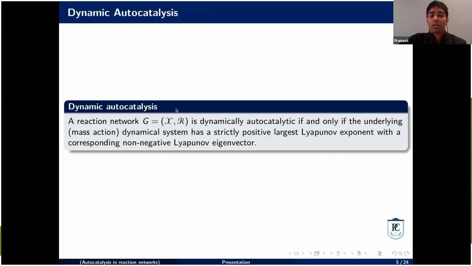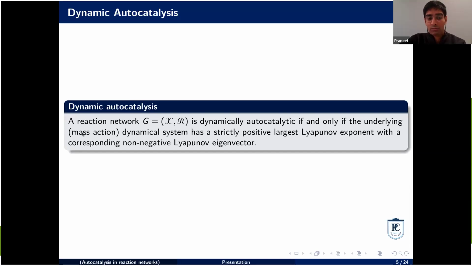But what dynamical autocatalysis implies is that there is a growth in the concentration of each species. So it would have a Lyapunov exponent and a direction, which is the eigenvector, in which it will grow exponentially fast, which is kind of implementing a kinetic condition as well.